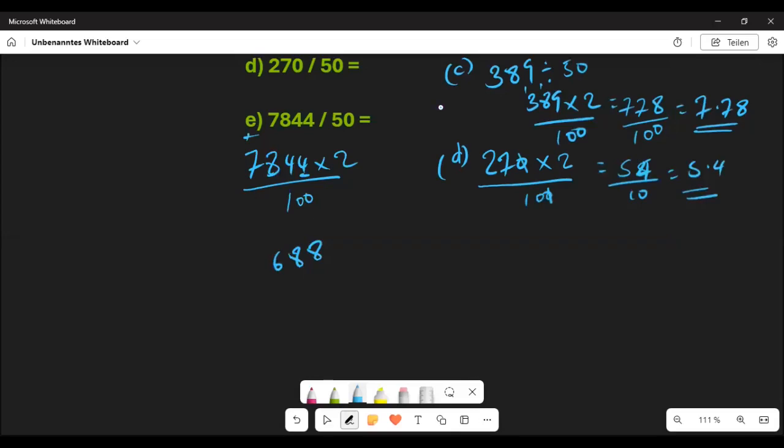Then 7 multiplied by 2 gives 14, plus 1 is 15. So the figure we have is 15,688. Now we divide that by 100, moving the decimal two places, so we have 156.88 as our answer.